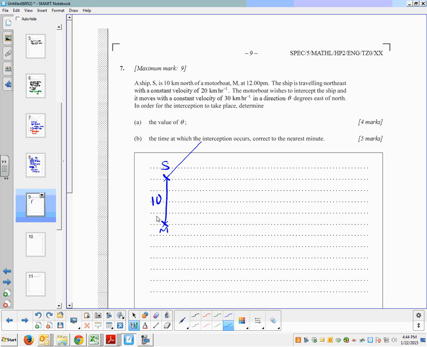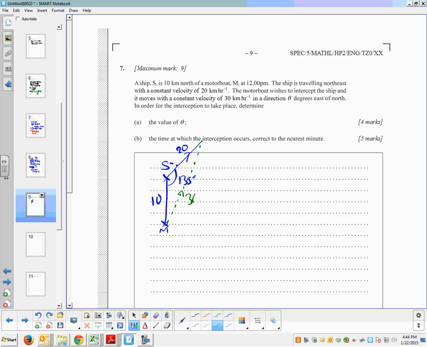Northeast, so that's 45 degrees. Well, let's call that 135 degrees. With a constant velocity of 20 kilometers an hour. The motorboat wishes to intercept the ship and it moves with a constant velocity of 30 kilometers an hour. So the motorboat is going to come and do something like that.